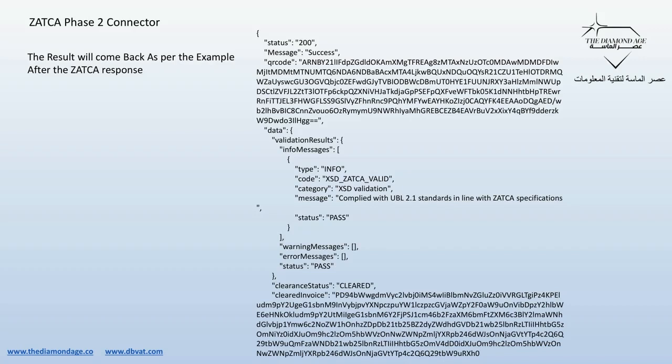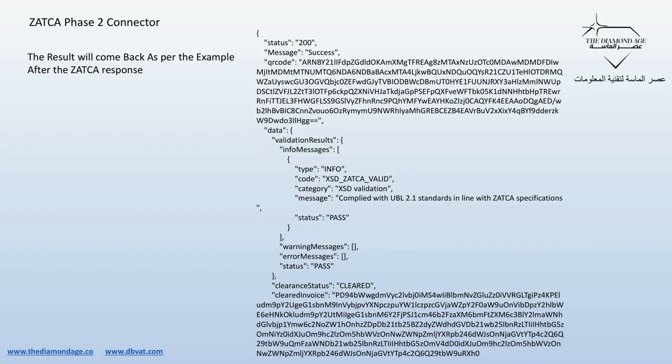At the same time, you will get the invoice hash, which is around 600 to 700 characters. This response is coming from the ZATCA server to dbvat, and dbvat will return it back to the software through the API to get all this information and save it to your invoice directly.